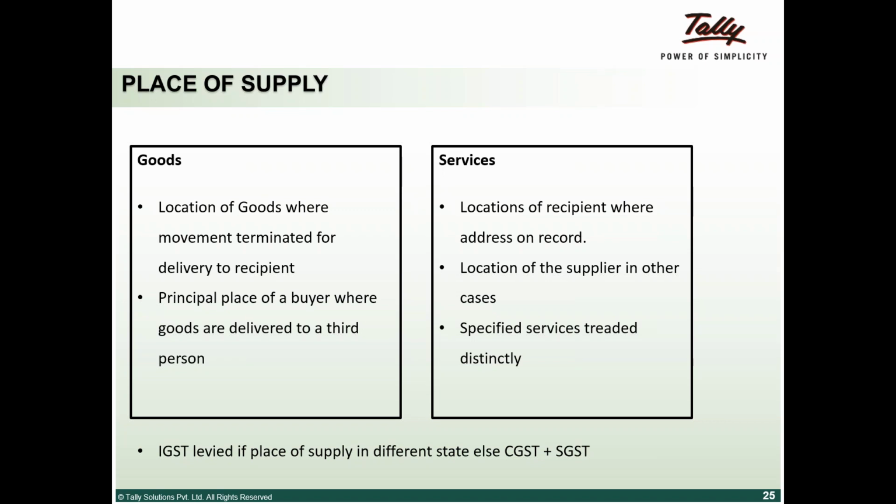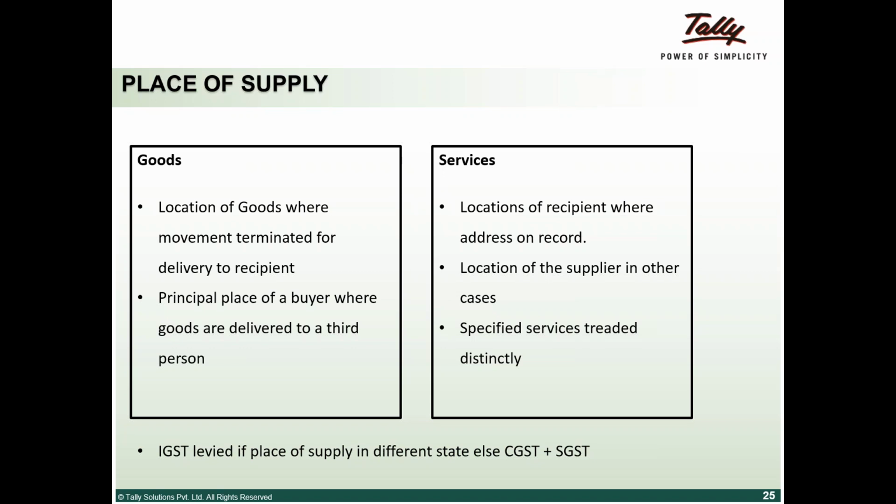In case of goods, the place of supply is the location of the goods where the movement terminates for delivery to the recipient. For example, goods which travel from Bangalore to Maharashtra via Andhra Pradesh start their journey in Karnataka and terminate in Maharashtra, so it is an IGST transaction between Karnataka and Maharashtra. Even though the goods moved via Andhra Pradesh, earlier we used to have these checkposts. This entire concept of checkposts will go away. It will become one India, like I said earlier.